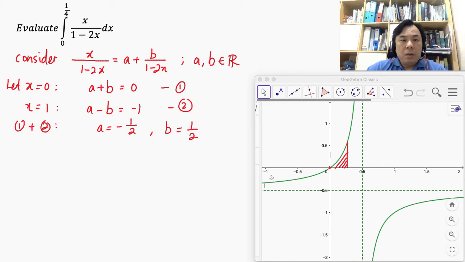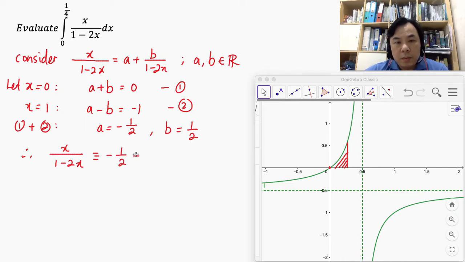Just let me check if I got it correct. Yeah, correct. So b is 1 over 2. Therefore, I have successfully obtained the partial fractions for this improper fraction that can be written in such a format. Alright, there you go. That is my partial fraction.